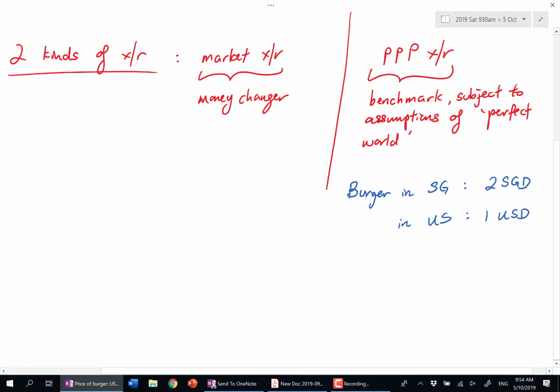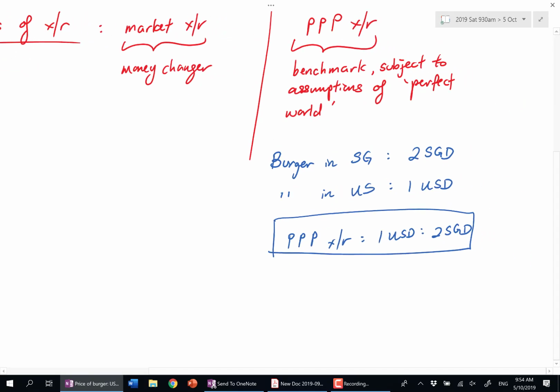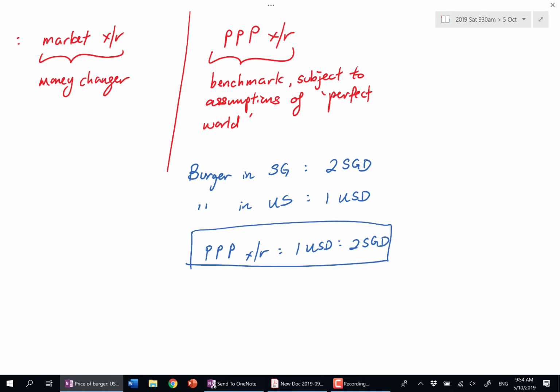Very simple math, okay? Then here we are saying the PPP exchange rate should be 1 US dollar to 2 Sing dollars. Some math, but not very difficult math. I'll explain. Okay? So how do you understand this?